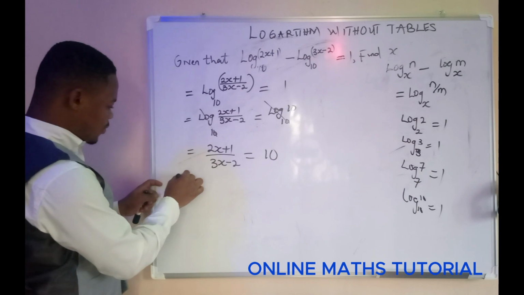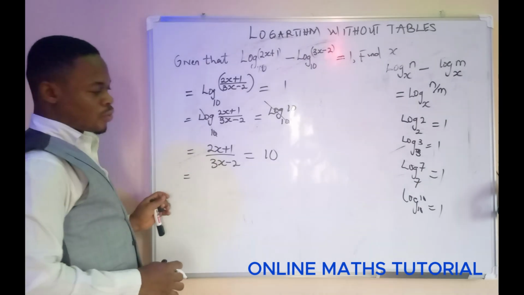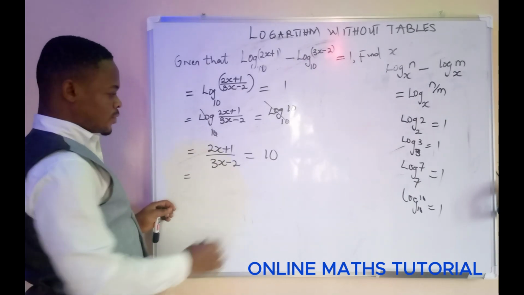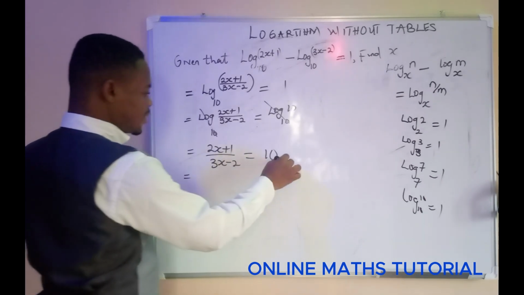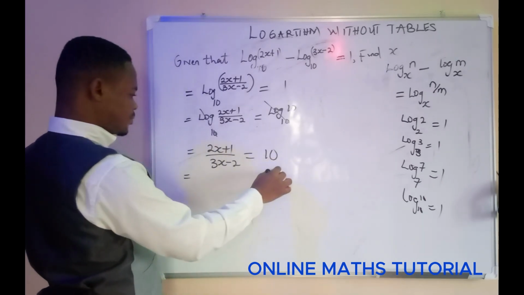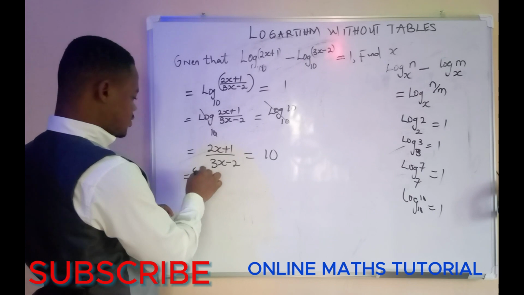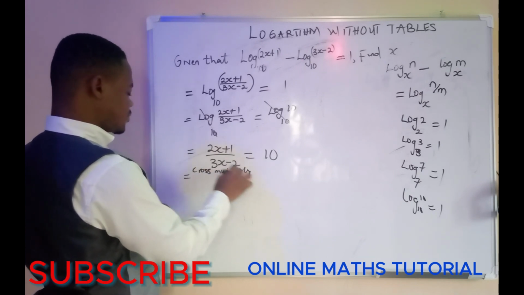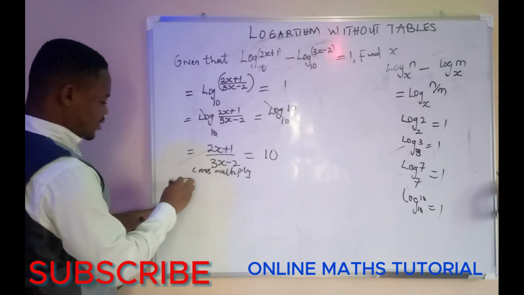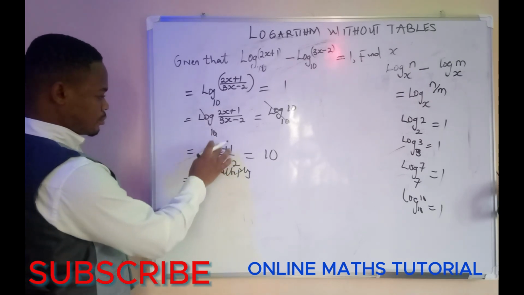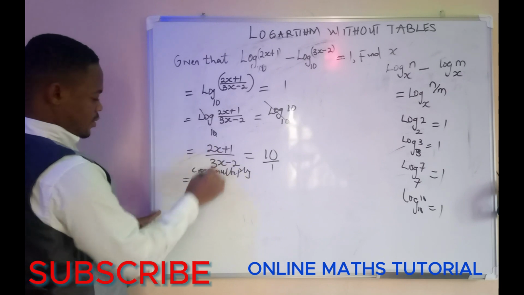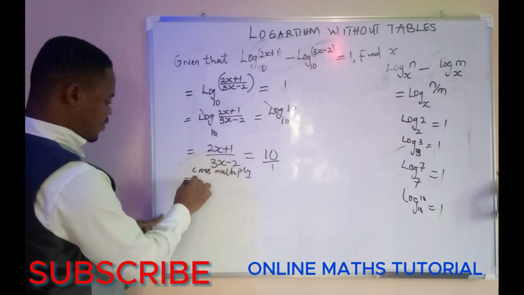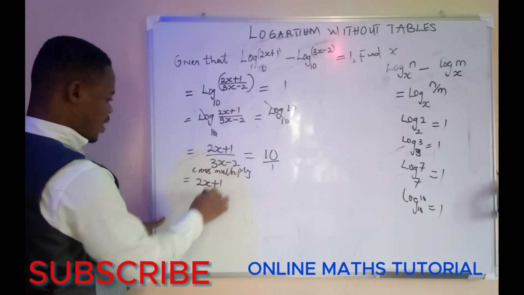So to do this now, all we need to do is to cross multiply. If we cross multiply, this will be equal to this over 1. 2 times this will give us 2x + 1.